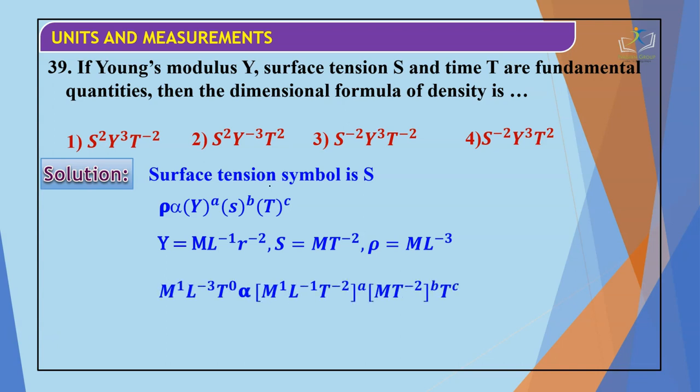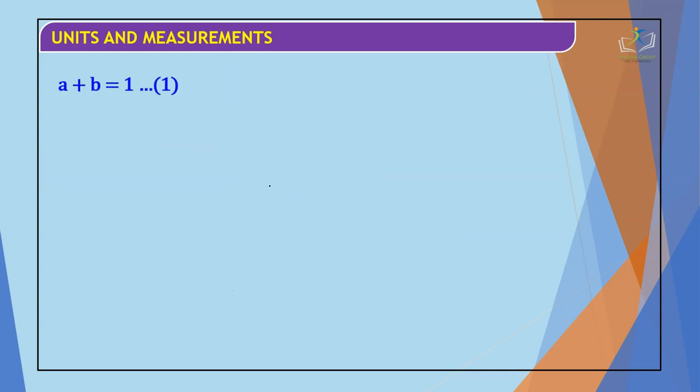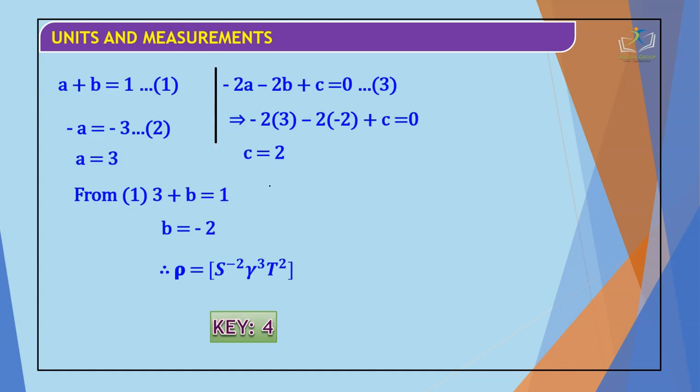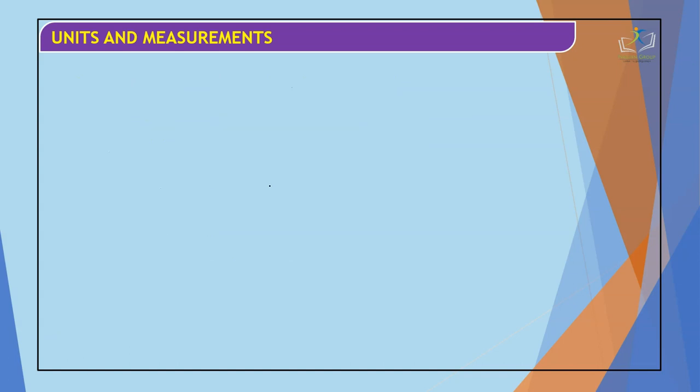Putting all these values, again we compare the powers of MLT. A plus b is equal to 1, and a is equal to 3 we receive, and after solving, c is equal to 2. We put the values of a and c in any equation and get the value of b, which is minus 2. After a little solution we get the result rho is equal to Y to the power minus 2... S to the power 3 and t to the power 2. This is the final result, so we receive the answer as the fourth option.